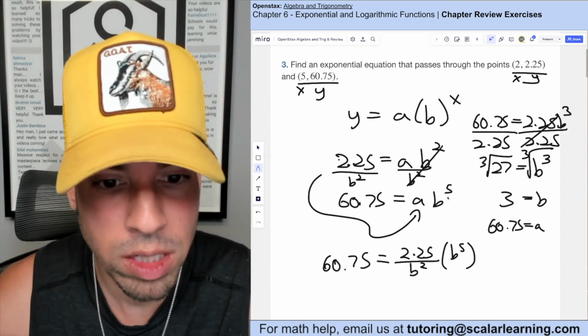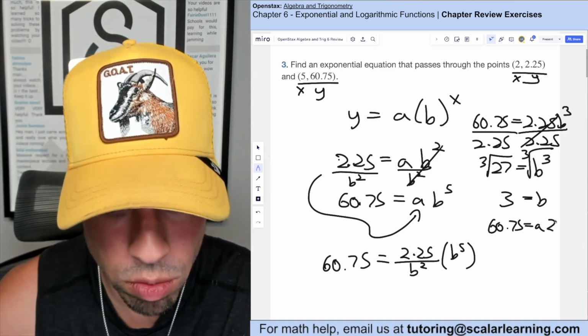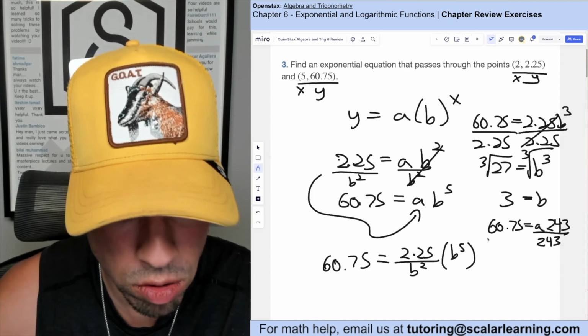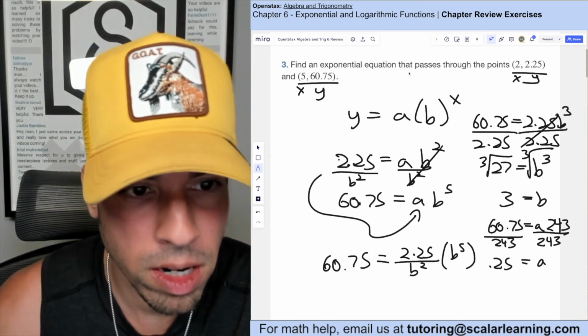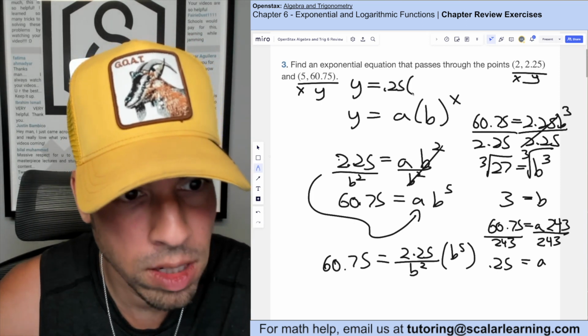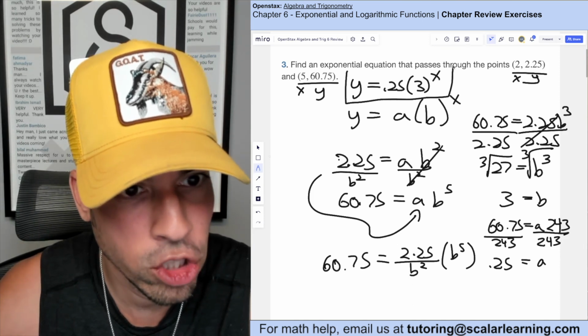So what is that? 3 to the 3rd, we already said is 27, times 3 again is 81, times 3 again is 243. That's b to the 5th. And then last but not least, we'll divide both sides by 243. And we get a equals 0.25. So now for our final equation, we get y equals a, which is 0.25, times b, which we got 3, to the x. So there's your equation, done.